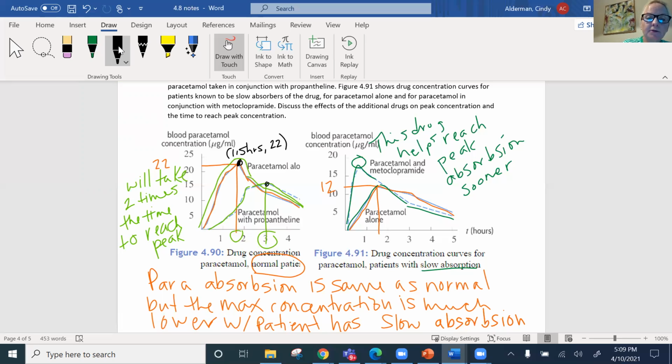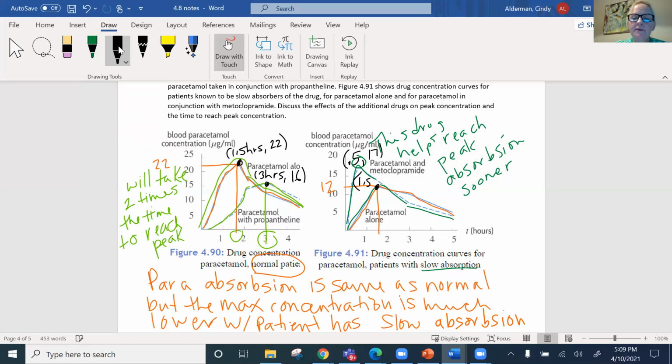Whereas this peak right here, we're talking 3 hours. And for some reason, the doctors wanted to slow things down, I guess, right? And then somewhere around, what, like 16 absorption. And then this is about a half an hour and 17 absorption. And this would be like 1.5 hours.